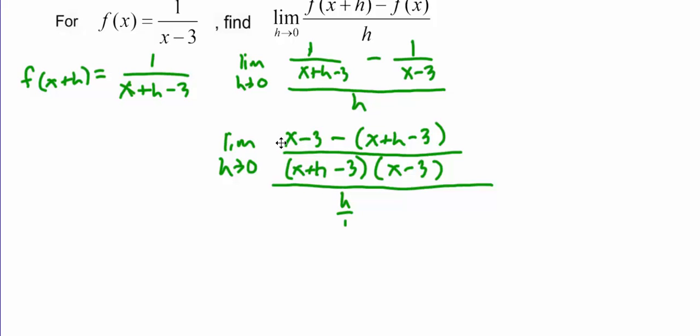Now here's what I see up here, the very top numerator, x minus x, negative 3 minus negative 3. And all I'm left with is a negative h. Okay, so this is the limit as h approaches 0. So again, that numerator is negative h. Now when you think about dividing by h, that's the same as multiplying by 1 over h.